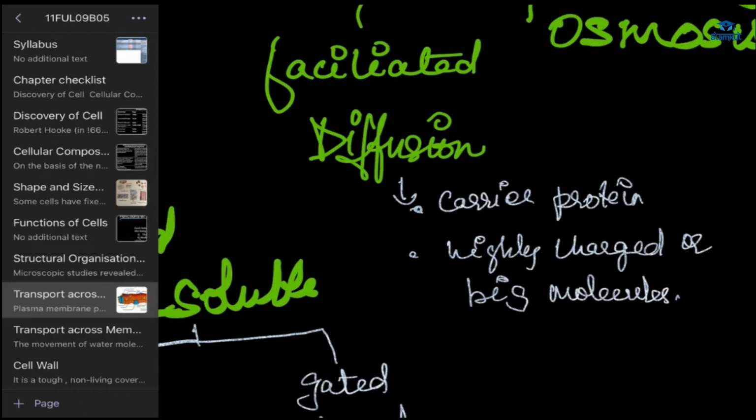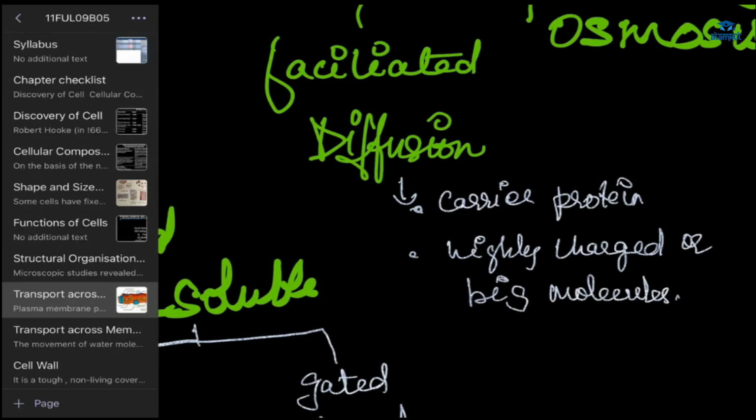In the facilitated diffusion, the substance requires a medium to move through the plasma membrane. So the protein carries it. So this is called the facilitated diffusion or carrier mediated diffusion. Understood, everyone?